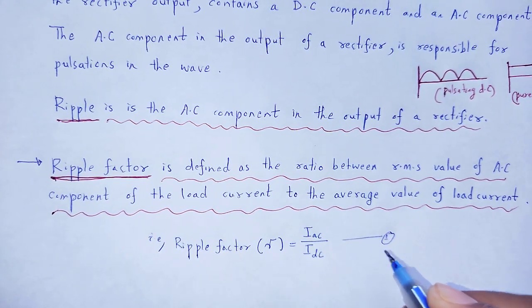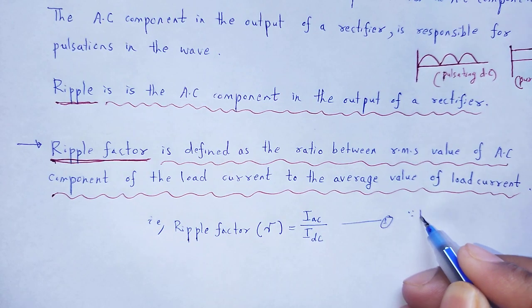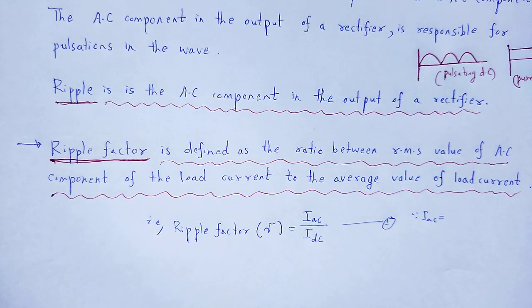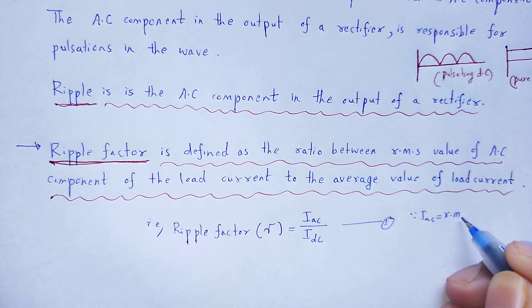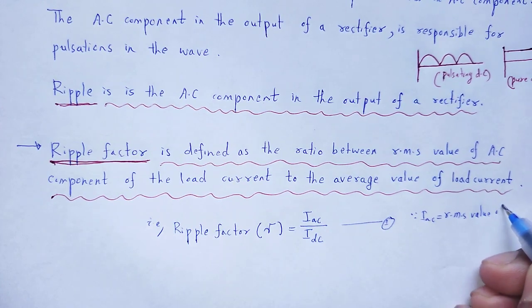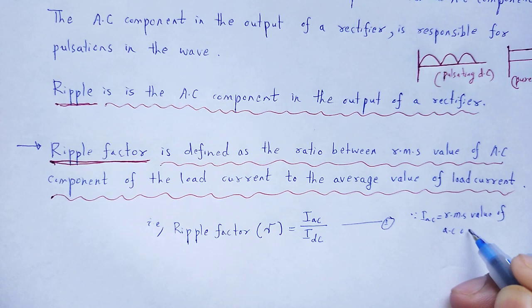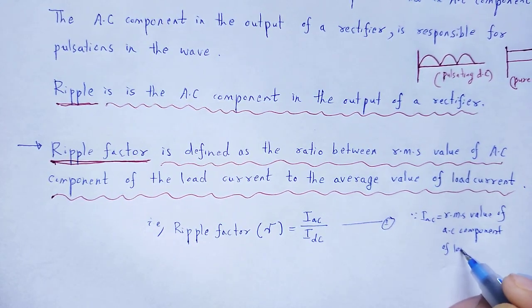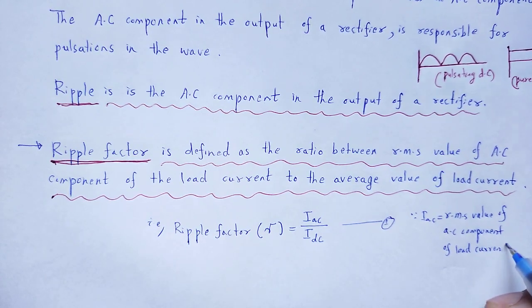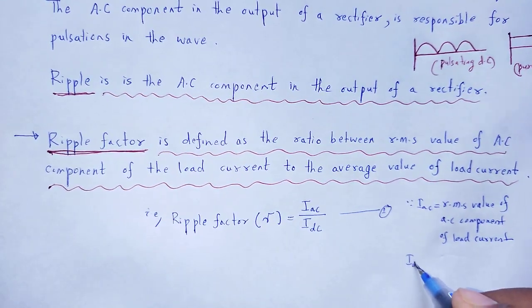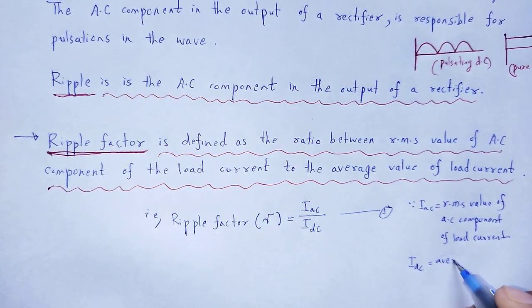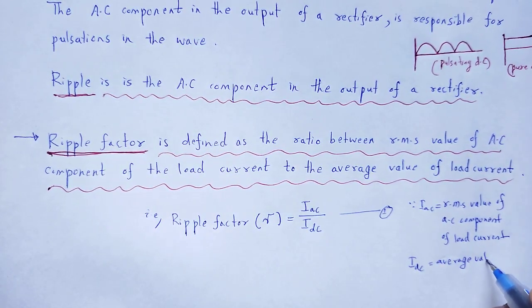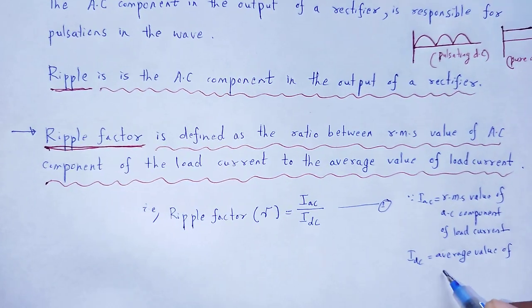This is equation number 1, where I of AC is the RMS value of the AC component of load current, and I of DC is the average value of load current.